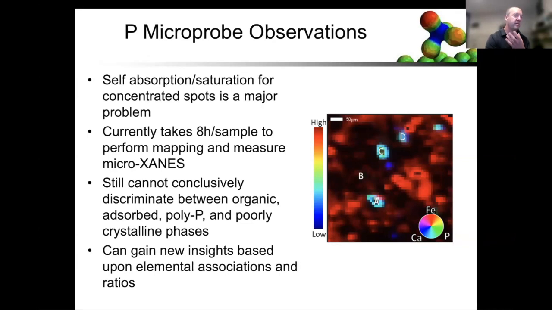If you see that it's calcium in this part of the world, it's either a very, very poorly crystalline calcium phosphate, if it looks like adsorption, or it's calcium carbonate that the phosphate sorbed on. And so you can start to make some inferences and start to improve your linear combination fitting of your bulk spectra with this approach too, and feel a little more confident that you're using the right phases in your models.